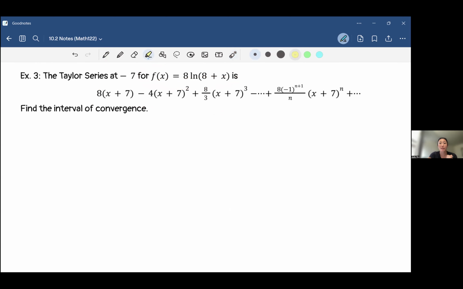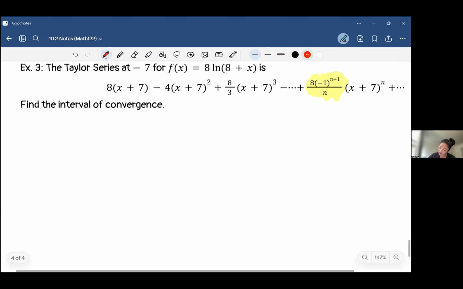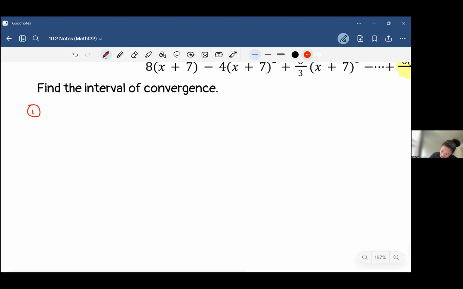Now, using our strategy from before, I'm just going to scan through until I find the coefficient that has the n's. Okay, that's them saying, here's your a sub n. So let's use this to find our a sub n and our a sub n plus 1.